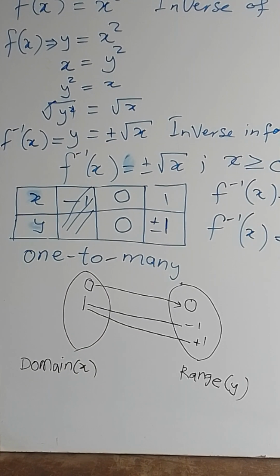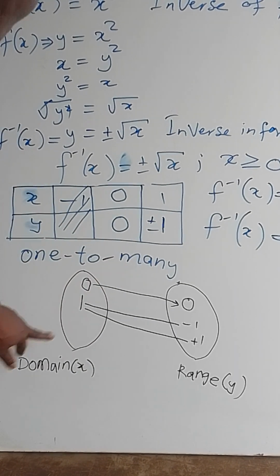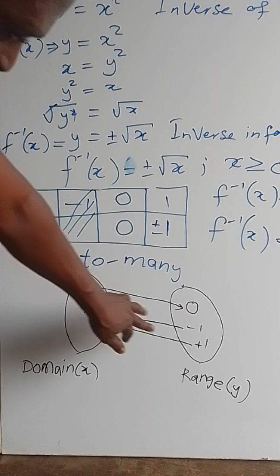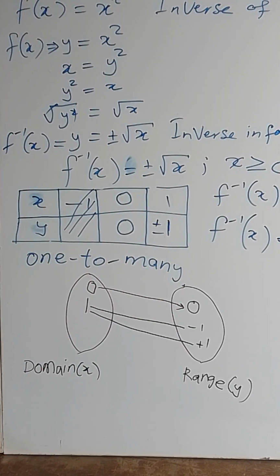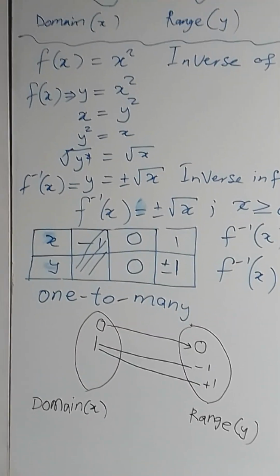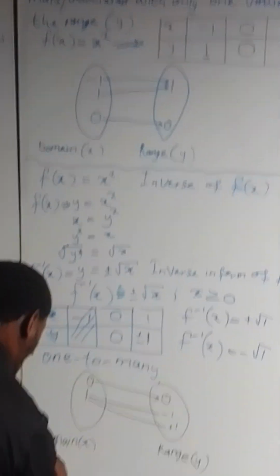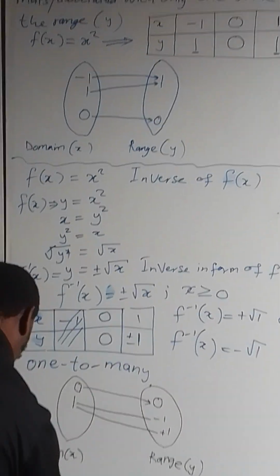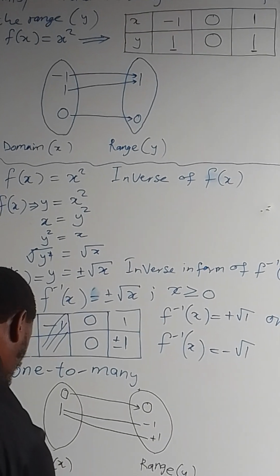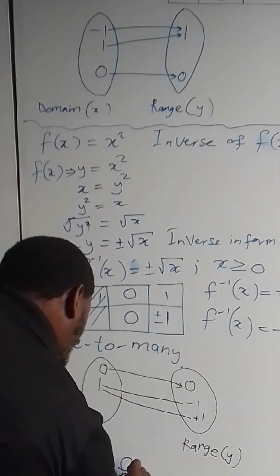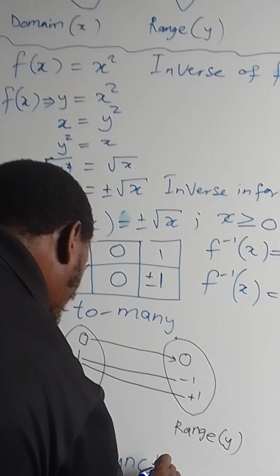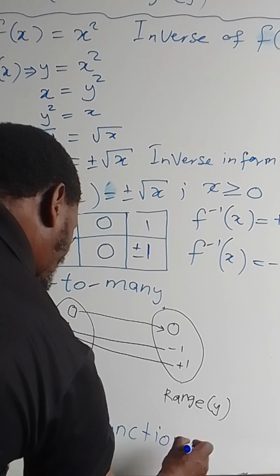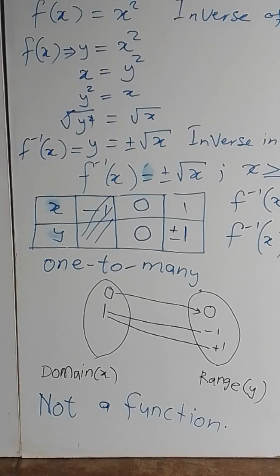You see, 1 to many. One value of the domain maps to many values of the range. Therefore, we can conclude to say that this is not a function.